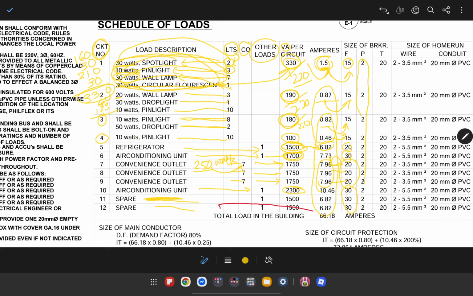Okay, so this means that it's a 2-pole circuit breaker. A two-pole circuit breaker is what we commonly use for residential buildings and small-scale construction, while we have a three-pole for commercial or industrial buildings.